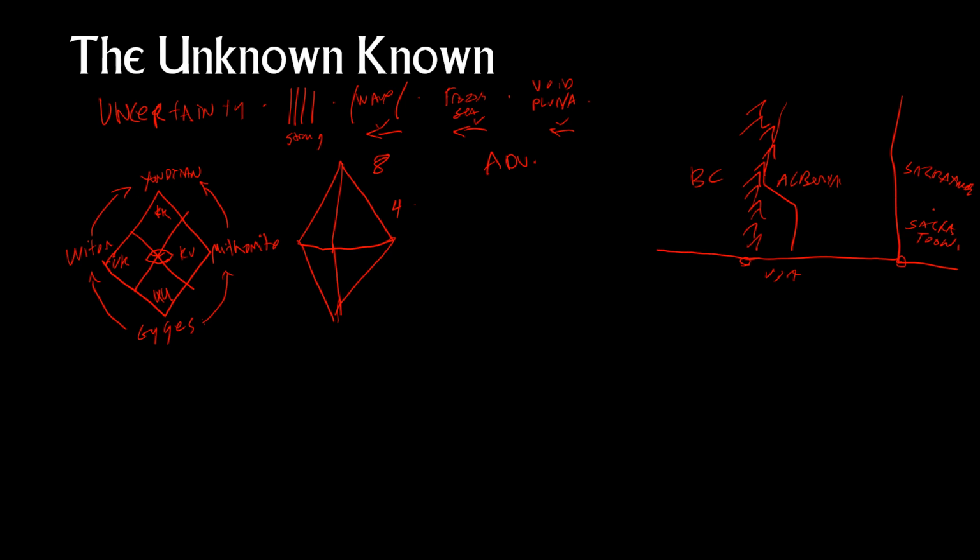So now if you looked at reality as an ever unfurling map that you're constantly unrolling, and let's say you're flying over reality. So Saskatchewan is the past, and BC is the future, and you are here.